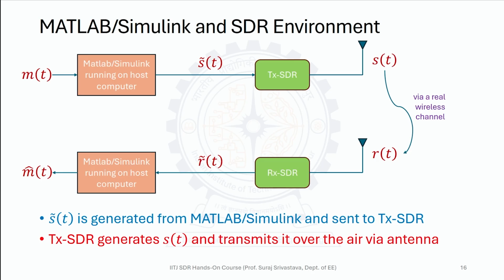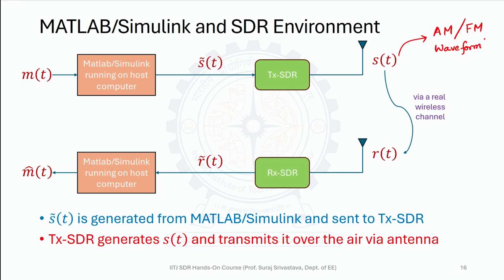So m(t) is an analog message signal which you want to transmit, and in analog modulation we'll study amplitude modulation and frequency modulation. For each of these waveforms, whether amplitude modulation or frequency modulation, s(t) represents the final waveform. So this is your AM or FM waveform, and this is the waveform which the SDR will transmit.